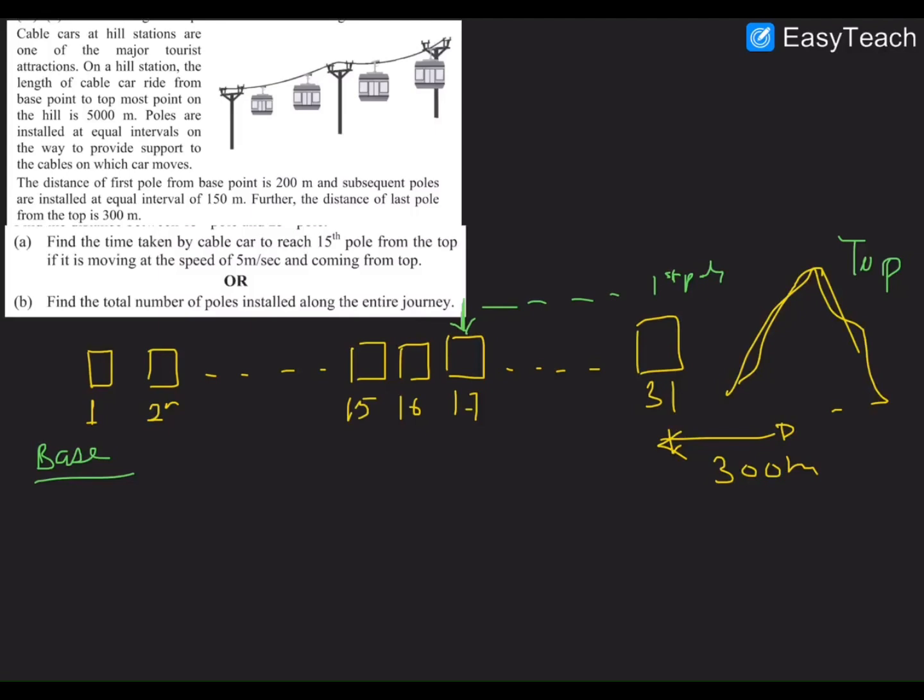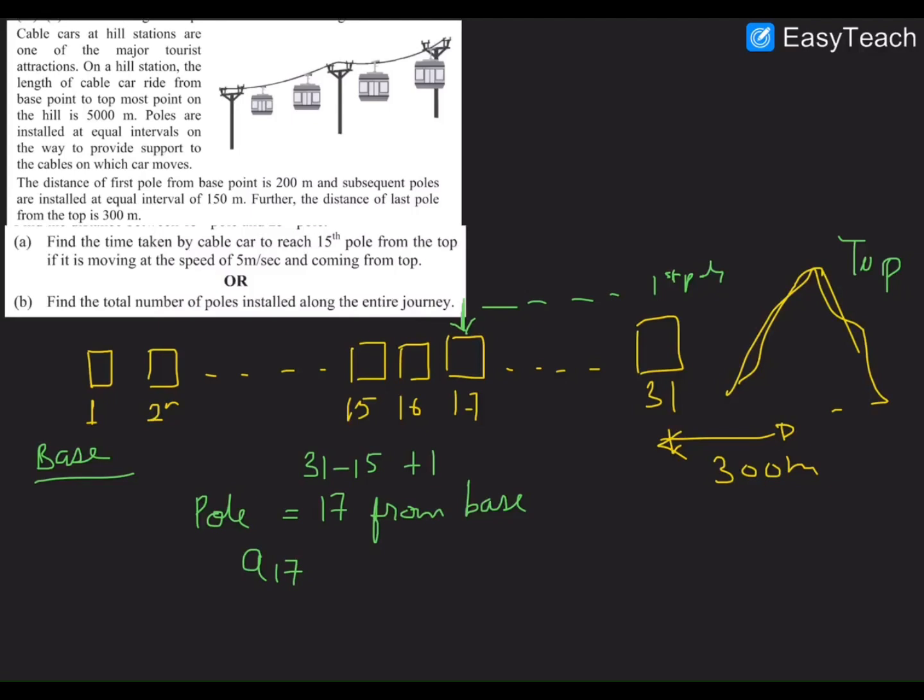If you are doing it from the base, as you know there are a total of 31 poles, so 31 minus 15 plus 1, because 31 is also included, will give you the 17th pole from the base. Sorry, your A17 is the 15th pole from the top.